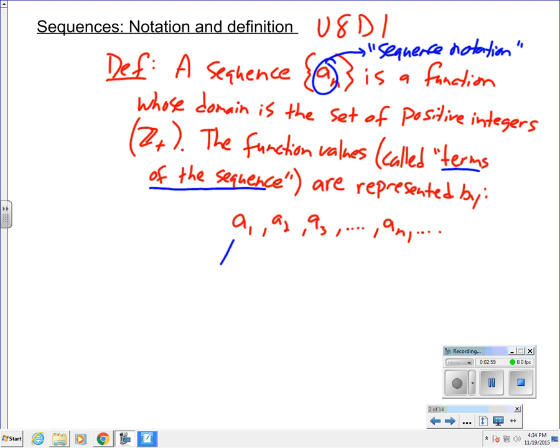A1 represents the first term, a2 would be the second term, a3, and so on. And one thing you have to be comfortable with is the nth term notation. This is called the nth term, or the general term, that describes how we formulate the numbers that make up the sequence.